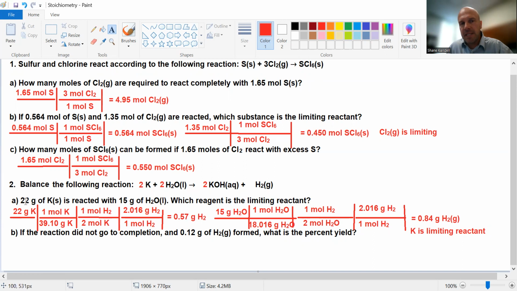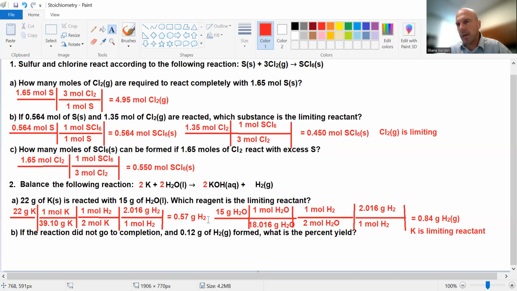Because we had enough potassium to support 0.57 grams of hydrogen. We had enough water to support 0.84 grams. But just because we had enough water to support the 0.84 grams doesn't mean we get 0.84 grams because we had a limiting amount of potassium.